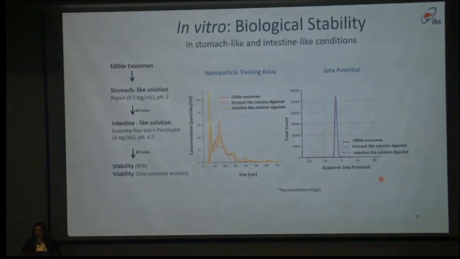Whether they are biologically stable, most of the work was done by Debishri in my lab. They used a stomach-like solution and an intestine-like solution, passed these exosomes through them, and found that even after 60 minutes of treatment with this solution, they are stable in their biological activity as well as in their size.